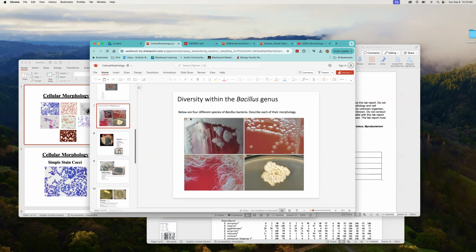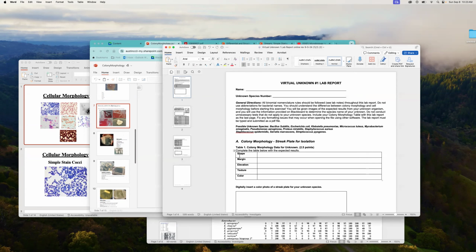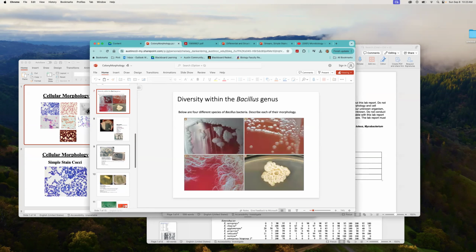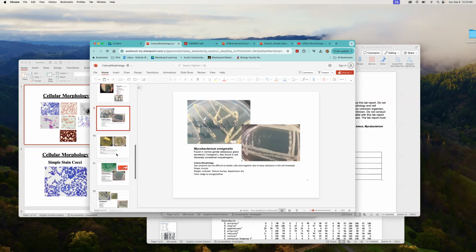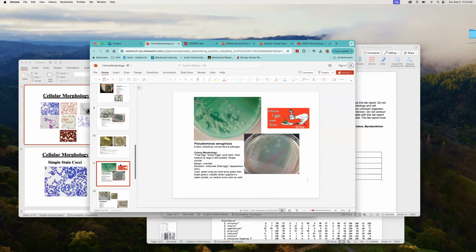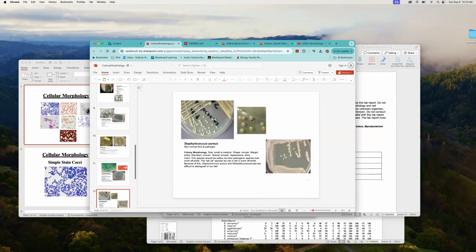Here you have Bacillus species, and you can see various things about it. If you go back here, you can say shape. What are we talking about when we talk about shape? We are talking about the overall shape of the colony. Sometimes you can see it, sometimes you can't. The overall shape of the colony looks kind of round here.